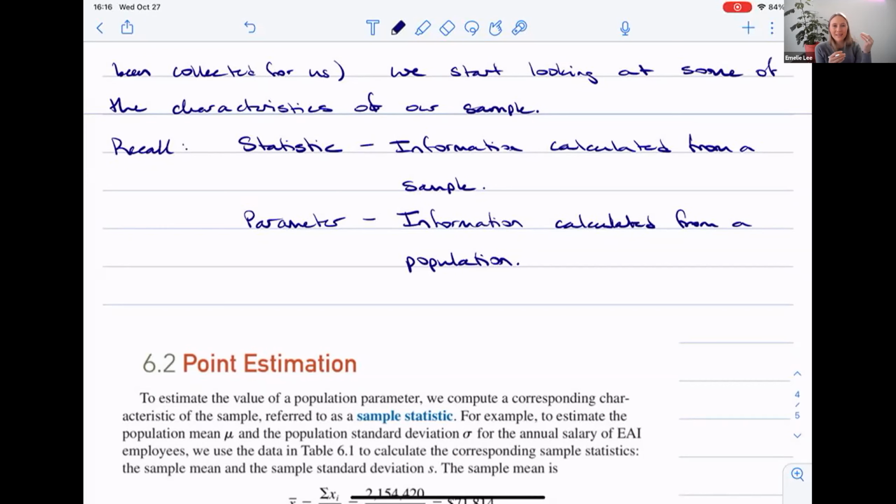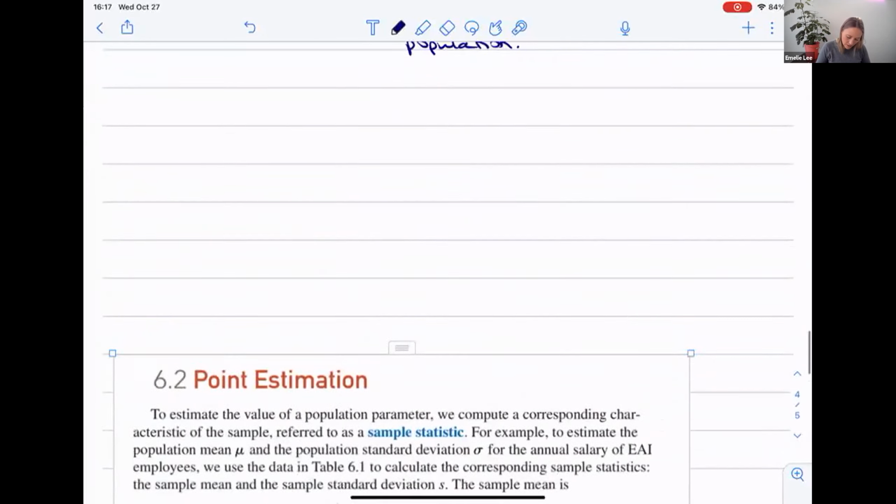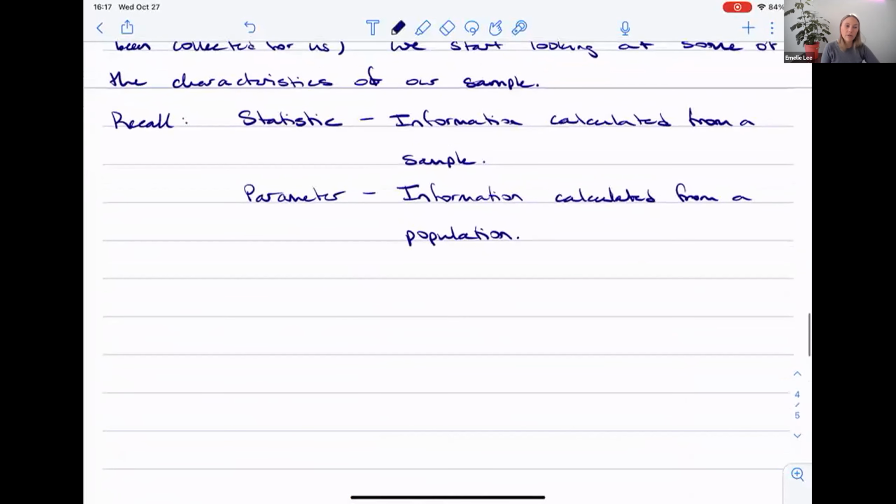So we'll see this connection: there's a sample mean, but then there's also a population mean, right? And we're looking at the sample mean to try to learn about the population mean, and so that's inference. So we can talk about inference in terms of statistics and parameters.